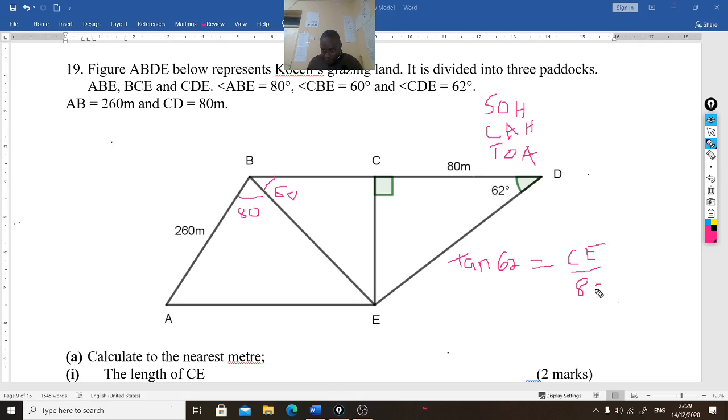So CE equals 80 tan 62. If you multiply 80 times tangent of 62, you get 150 point something. Just calculate using your calculator.